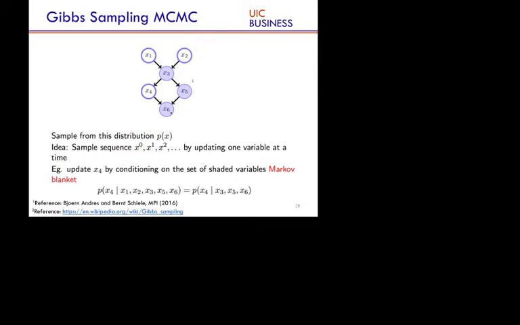Gibbs sampling is essentially about sampling from a target distribution. In our case, it's going to be the joint distribution characterized by a graphical model such as this. The idea is to get samples x superscript 0, x superscript 1, and so on. The superscripts represent indices of the samples.